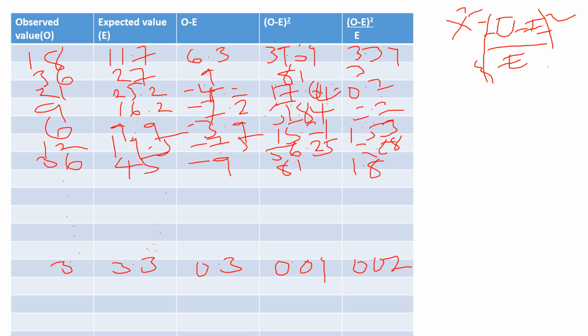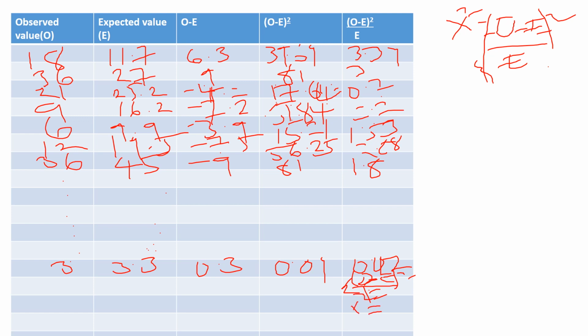So the first thing that I need to get is the chi-squared, which is the summation of my observed value minus expected value, squared, divided by my expected value.